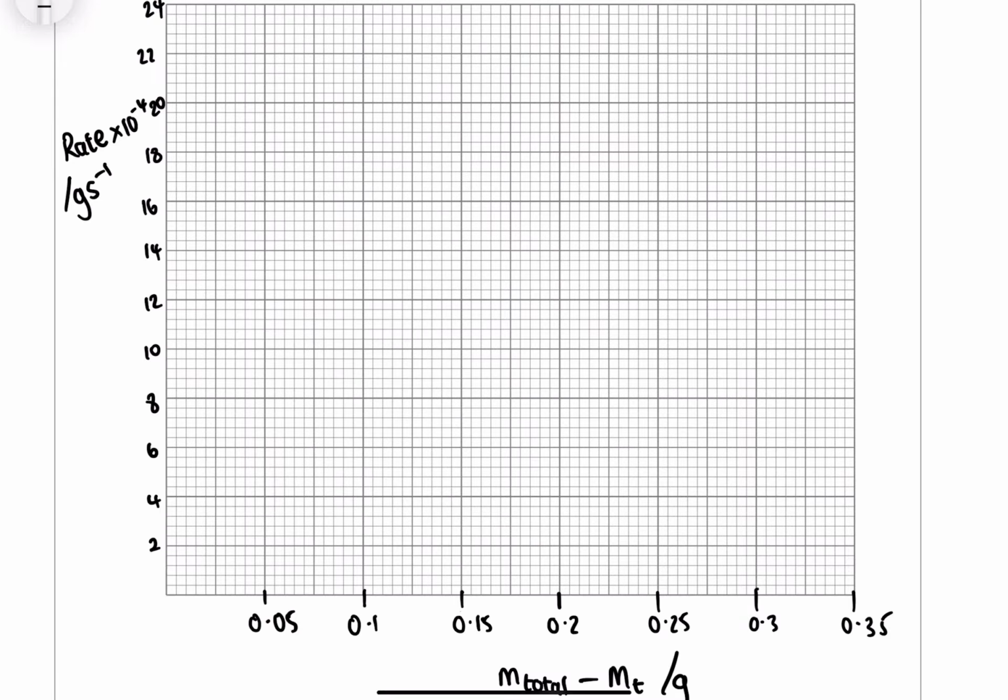So at 0.34, we're at 23. Given that our scale has 10 little squares, 0.34 is 2 little squares back, and 23 is halfway between 22 and 24, so right up here. And then 0.28 would be 1 square after this middle bit, and we want to go up to 19.